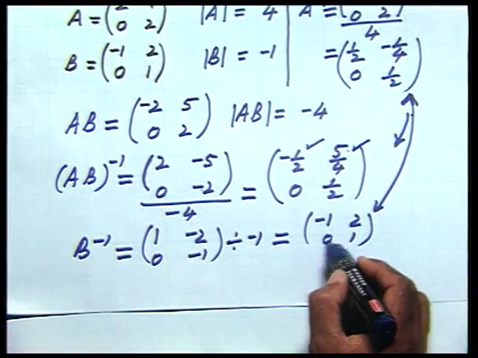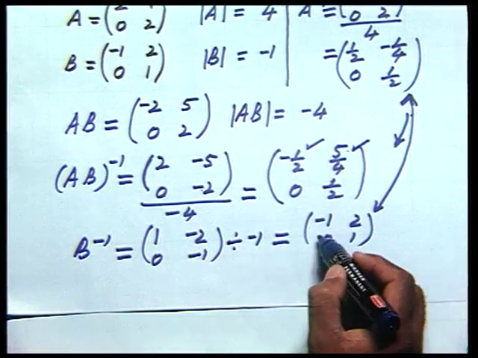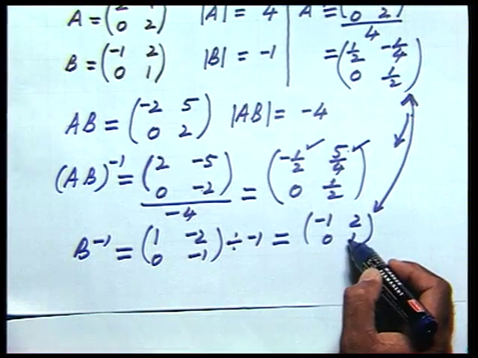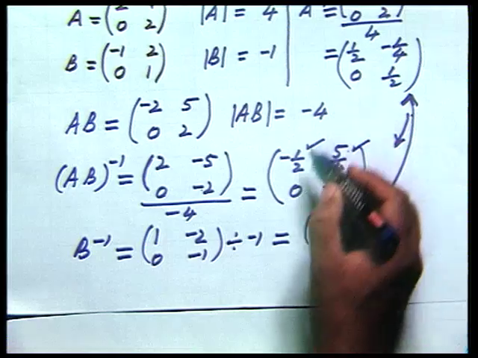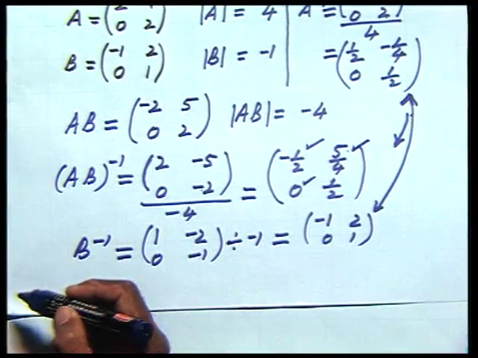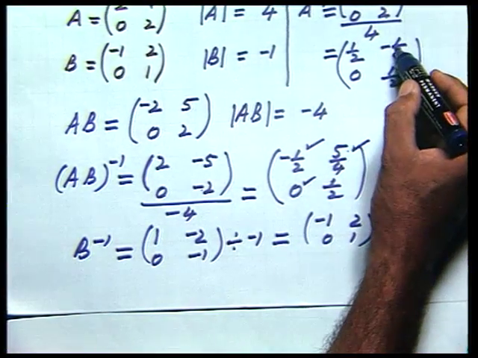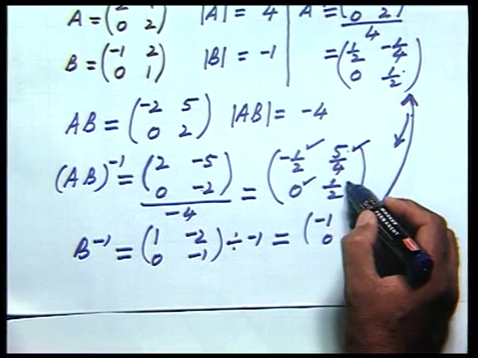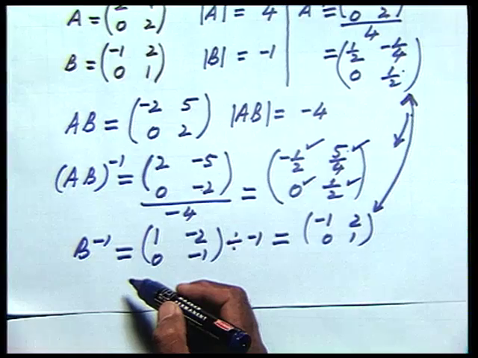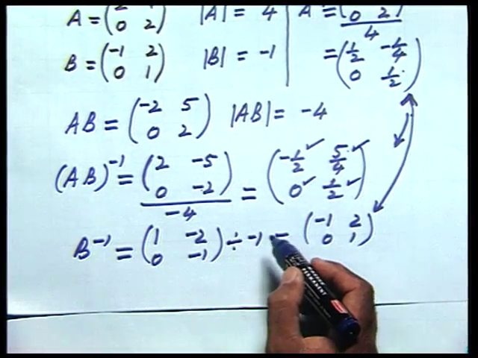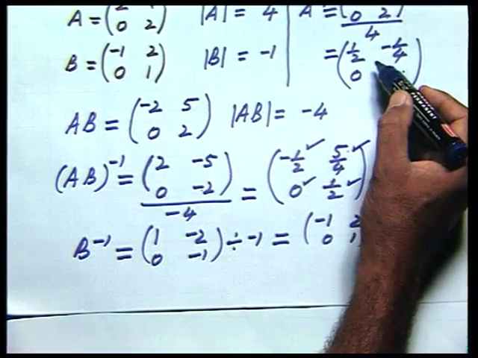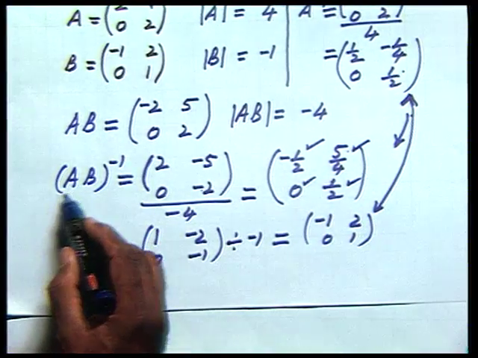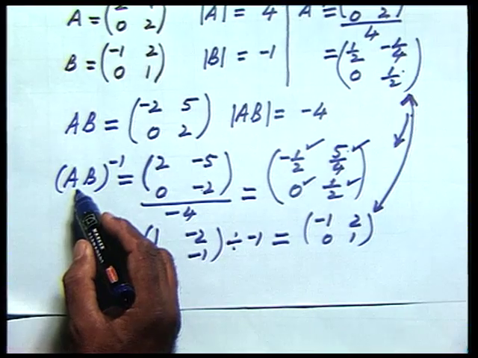Go further, second row, first column, 0 times half is 0, 1 times 0 is 0, compares. 0 times minus 1 by 4 is 0, 1 times half is half. So, what do you see? That in case I am multiplying B inverse with A inverse, I am getting the same result as I got by finding out the inverse of A B.